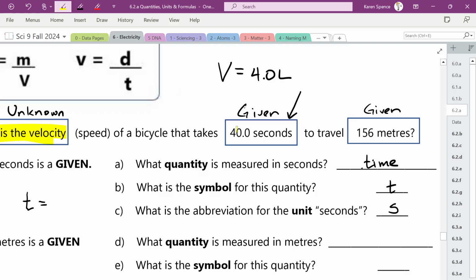Then you have to go back to the question. And you say it's equal to 40.0 seconds. Okay.